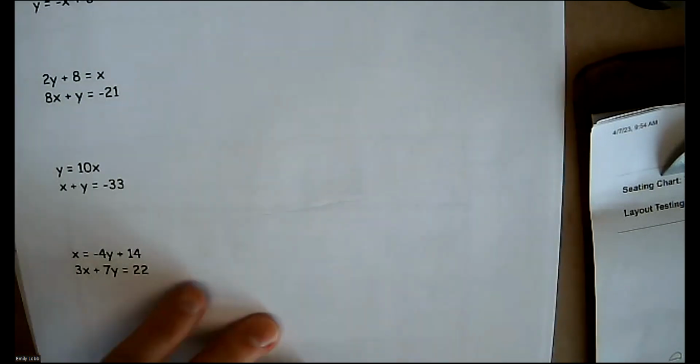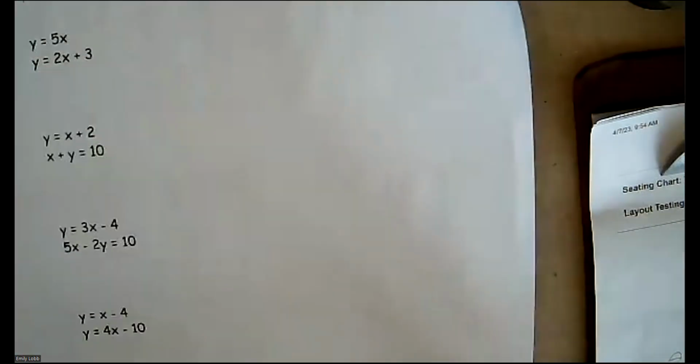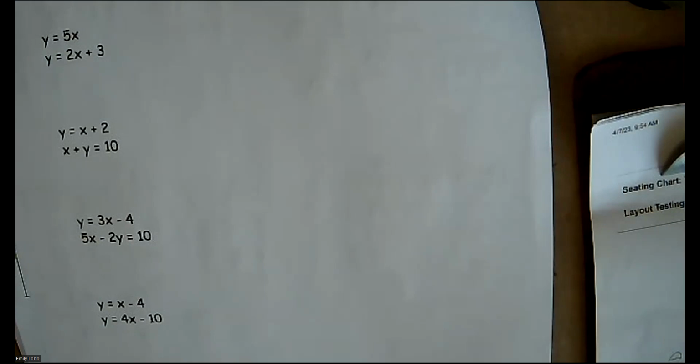All right, so show your work on these 2 pages and you will access the Boom deck through Boom Learning. I want to say I did put the Boom Learning link in your thing, but if not, I'll add it there. But you can just go to boomlearning.com. You're still signing in. It is called Systems-Substitution Method. If you can't find it, I'll be around to help you be sure you can locate it in your Boom Learning.